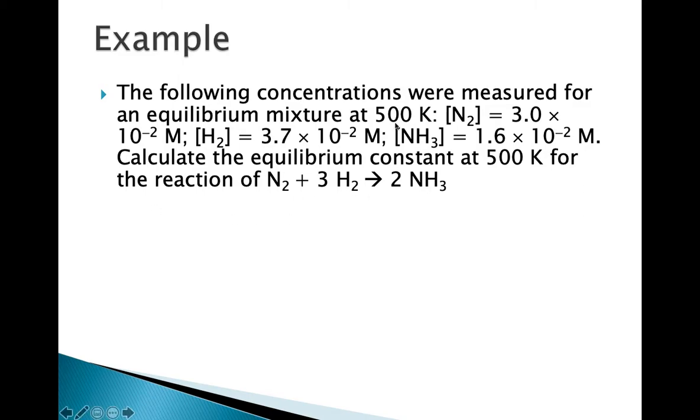Now, for setting up this problem, we want to find the equilibrium constant, right? So the easiest thing to do, if we're looking for the equilibrium constant and we're given a lot of the information, is just look at our reaction and ask, in order to find the equilibrium constant, what do we need? We need to know the concentration of NH3, H2, and N2 specifically at equilibrium. And this will be the biggest detail that you'll see here for the first half of the chapter versus the last part of the chapter that's actually on exam 3.